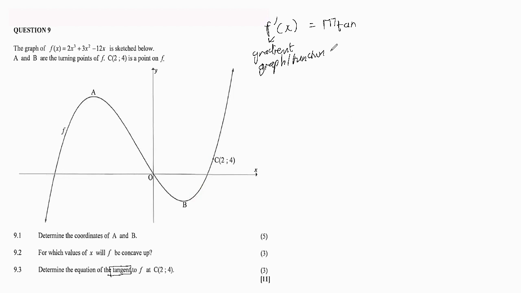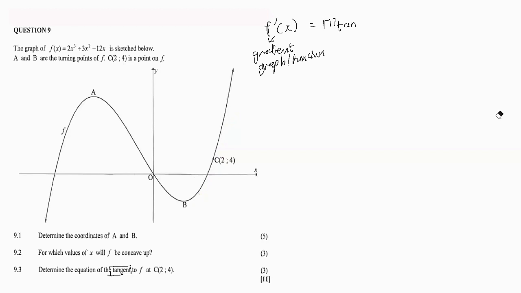Now remember, a tangent is simply just a line that touches the curve at one point. So if we were to draw a line that will only touch one point here, probably the line would look something like that. So let me use another color. Let's just pretend that it touches at that point only.